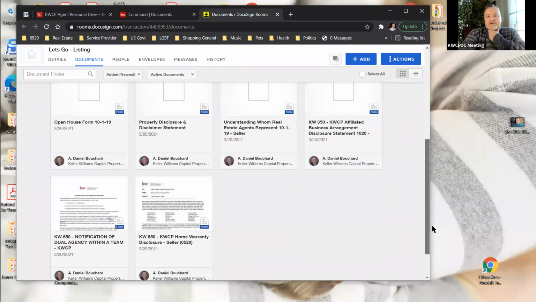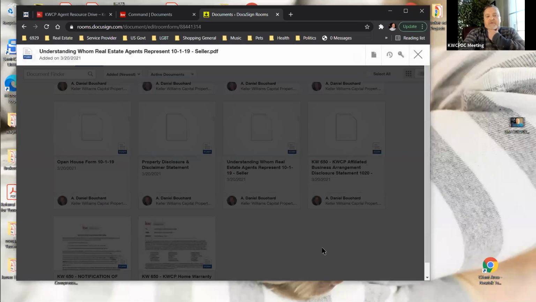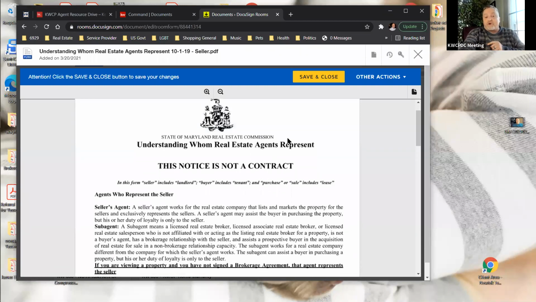Before we get too far into this, I want to make sure that everybody understands that regardless of whether you have a listing or not, regardless of whether you have a buyer agency or not, in Maryland you cannot enter into a property and show a potential customer or client any property without either having signed a buyer agency agreement or having given them this form.